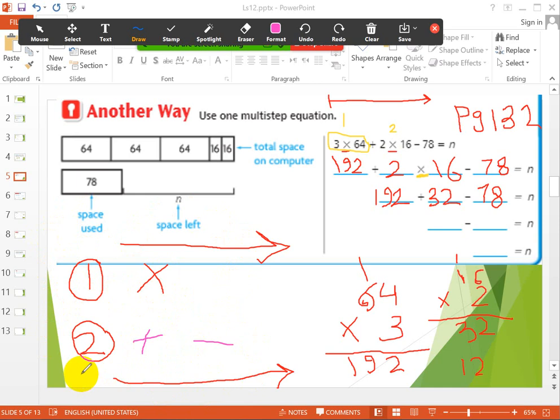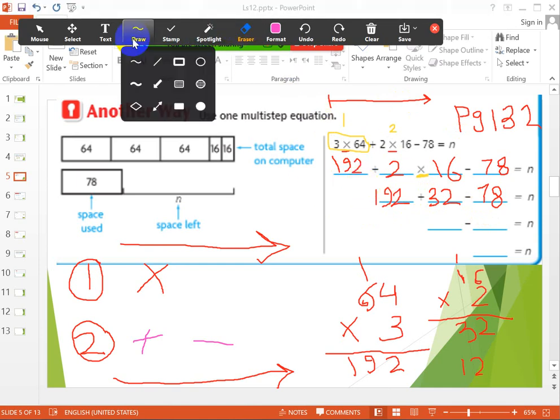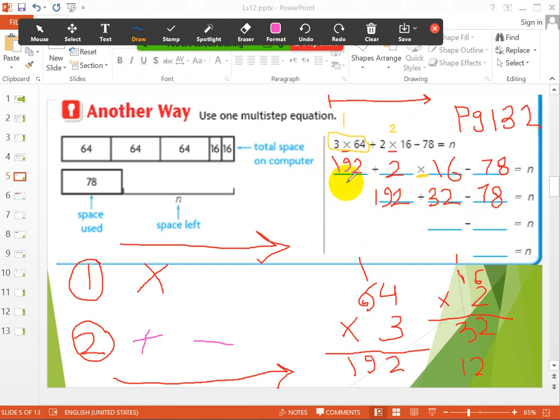I have to follow it, okay? So also I have to do addition and subtraction from the left side to the right side. Let's start here, from the left side here to the right side in this direction.